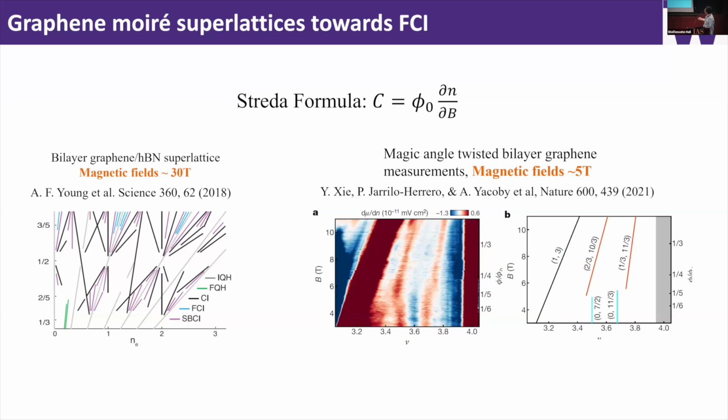They used magic angle twisted bilayer graphene, and they found a fractional Chern insulator state with a magnetic field above 5 Tesla. All of this shows there is great promise in using these twisted 2D materials or moiré systems to search for the fractional quantized Hall effect. The work I show you here still needs a magnetic field, so the challenge is how we push to zero magnetic field.